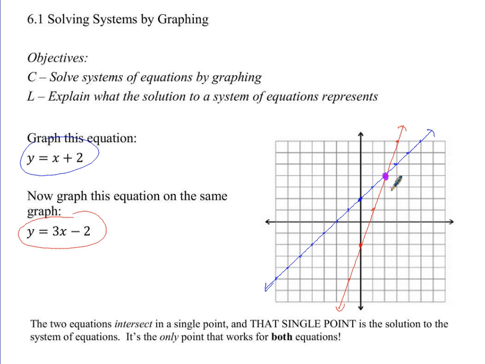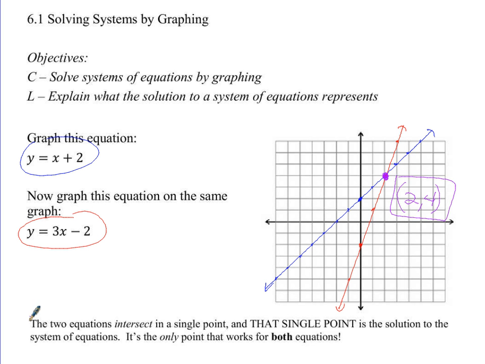That ordered pair, if I read it off the graph, is 2, 4. That ordered pair works for both equations. That is the only ordered pair that does that. And that is the answer. That's the solution. When I say solve, that's what we're looking for.